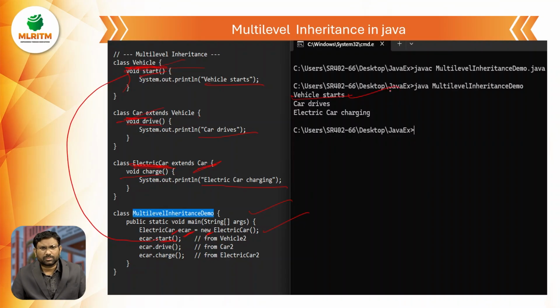We get this because ElectricCar has already acquired the properties of Vehicle and Car. Next, eCar.drive gives "Car drives", and eCar.charge gives its output too. So we get three outputs from the ElectricCar object. This is called multi-level inheritance.